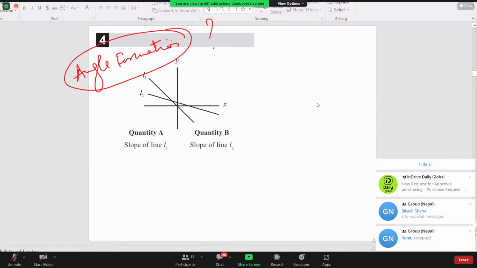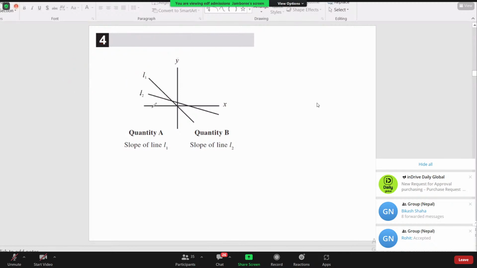Sir, the line L2 is above the x-axis. So is L1. So how will you compare? L1 is passing through this zero coordinate center. So how does it matter?